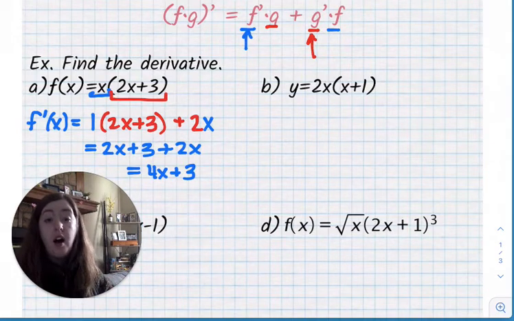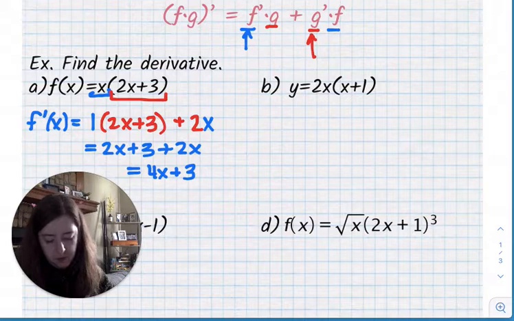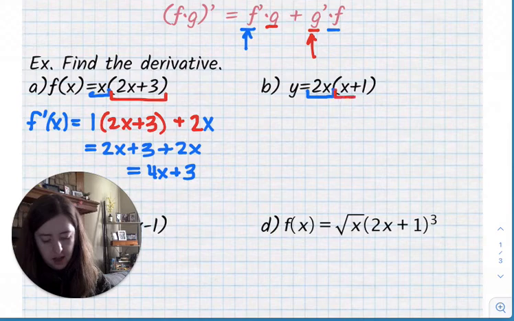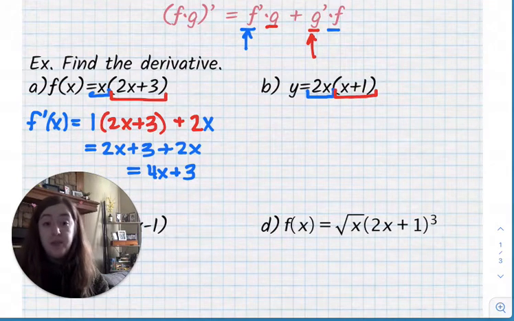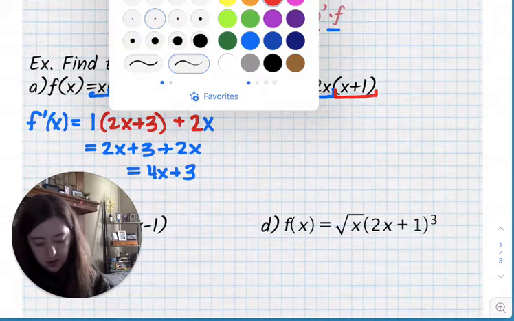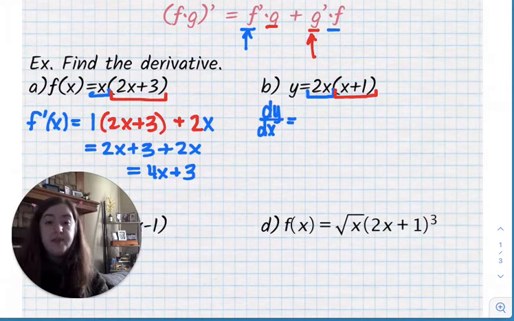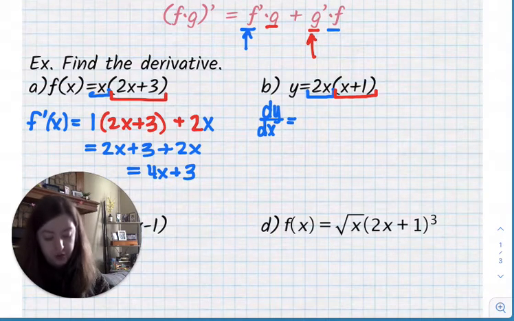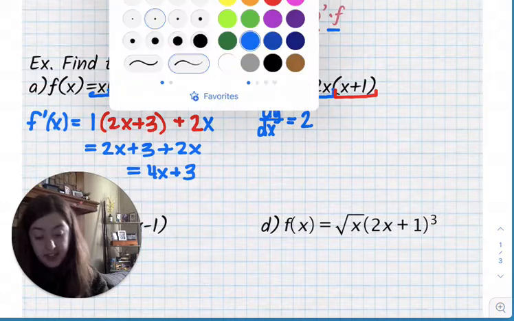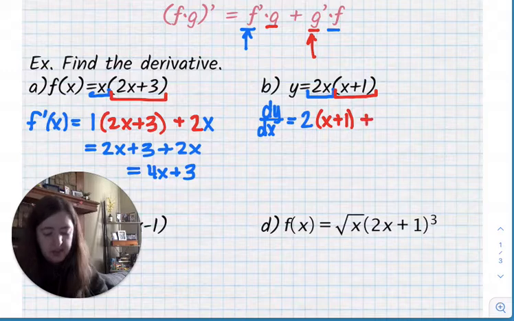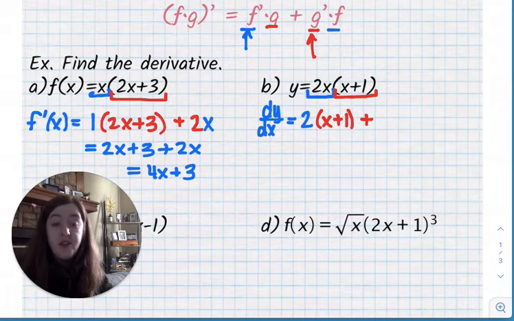Okay, cool. On B, 2x is going to be my first, and x plus 1 is going to be my second. So we're finding the derivative of y, so dy/dx equals the derivative of the first, the derivative of 2x is 2, times the second, so I'm going to leave that second part alone, plus, now we want the derivative of the second.